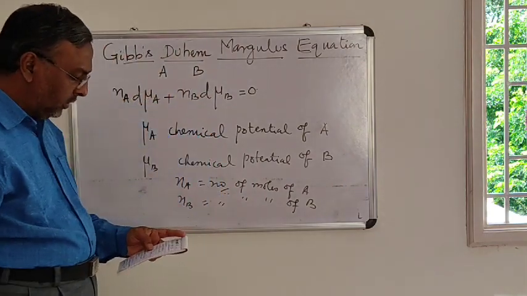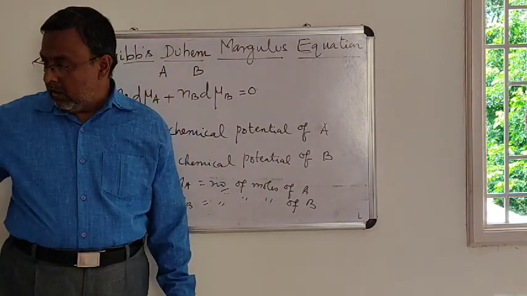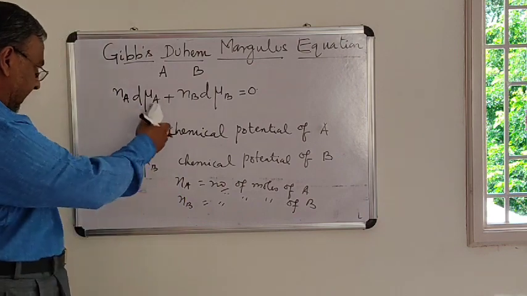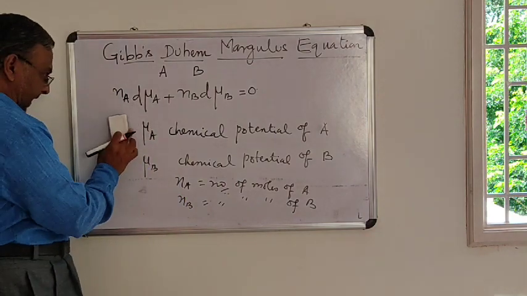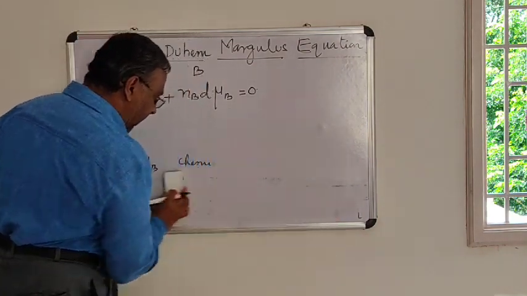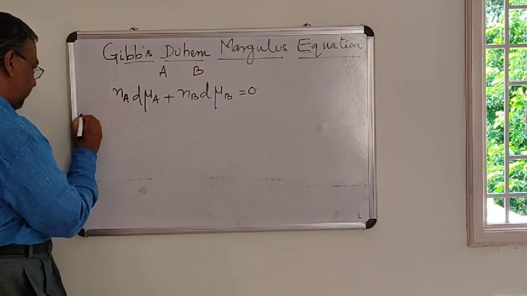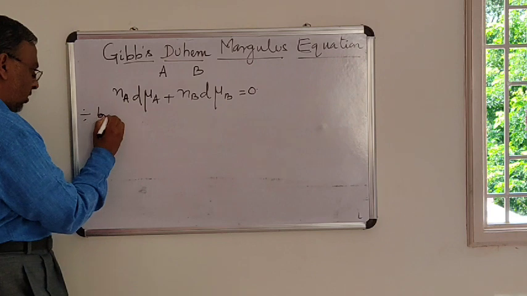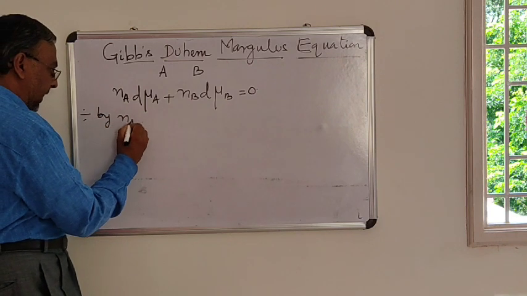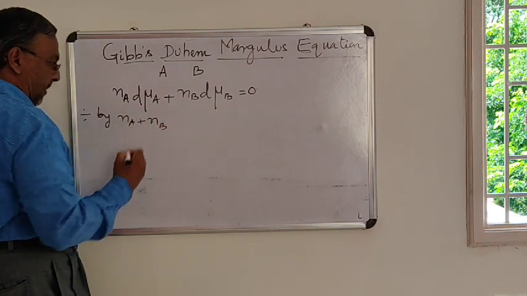Okay. Now I am dividing this above equation throughout by Na plus Nb.